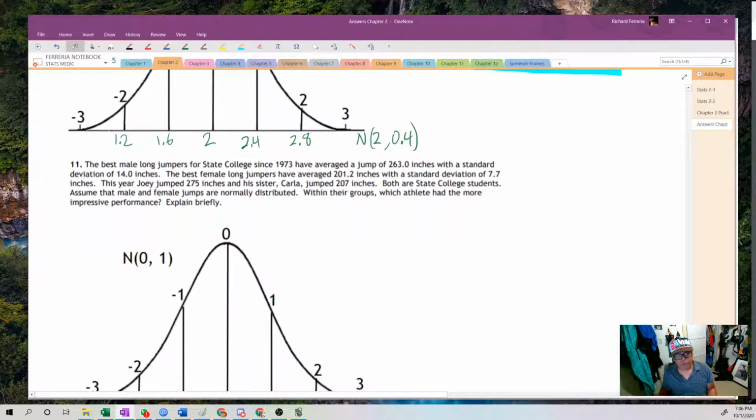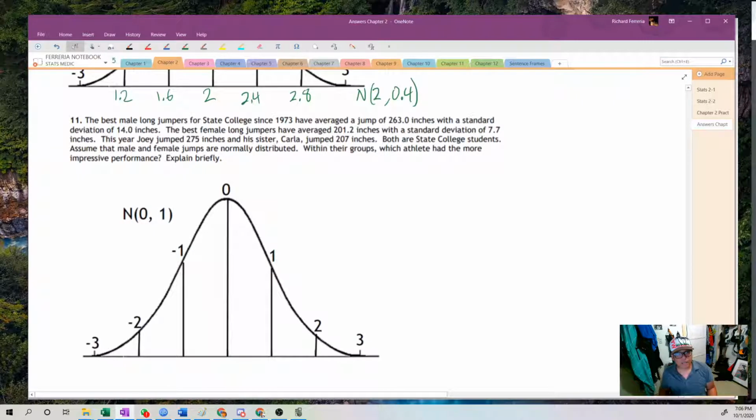Let's take a look at number 10. We've got the best male long jumpers for the state college since '73 have average of 263 and a standard deviation of 14. Then it goes on to give us the same information for the female long jumpers, which have an average of 201.2 and a standard deviation of 7.7.